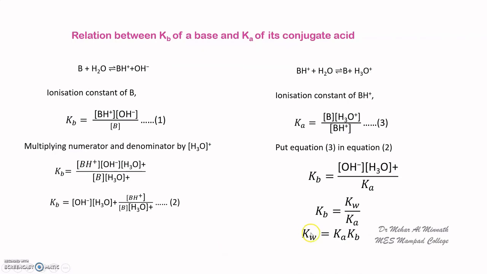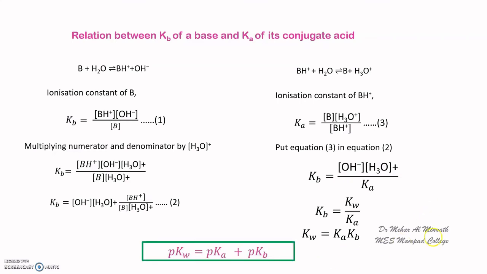Alright, so that means the product of the ionization constant of the conjugate acid and the ionization constant of the base will be equal to the ionic product of water. Now that's very important. If we know the ionization constant of a base, we can easily calculate the ionization constant of its conjugate acid, and vice versa.